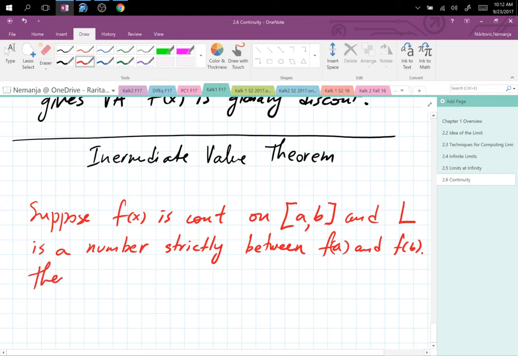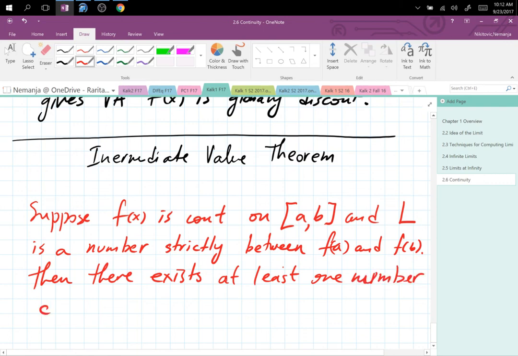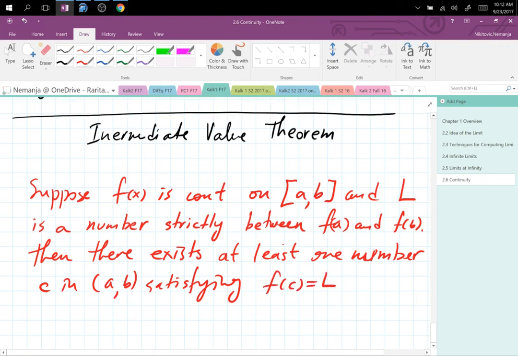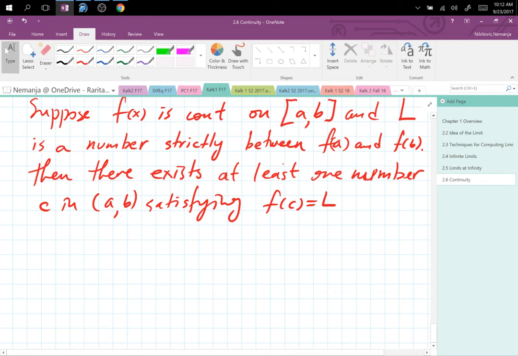Then there exists at least one number c in (a, b) satisfying f of c equals L. Words, words, words. If you don't stop and think about it and read it 15 times, they might mean nothing.